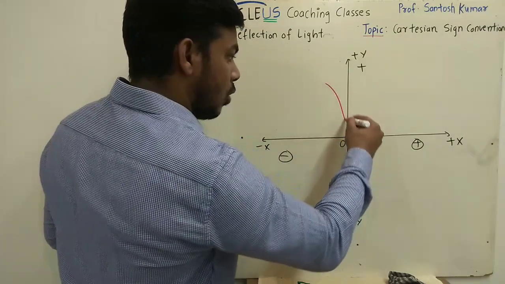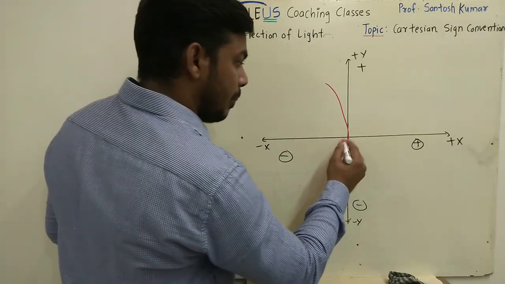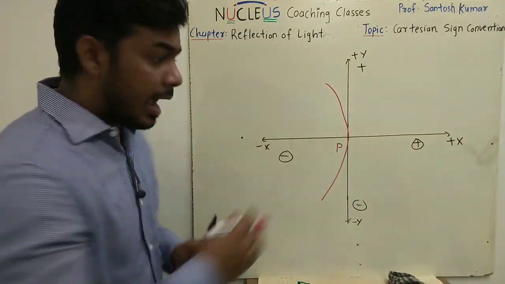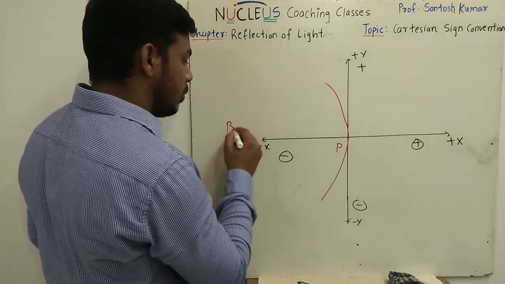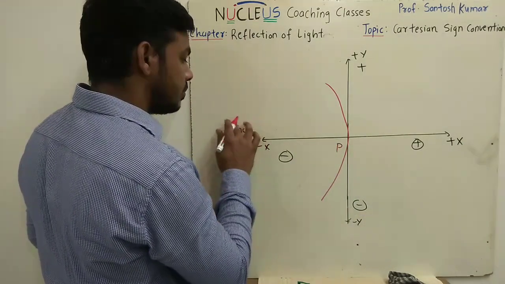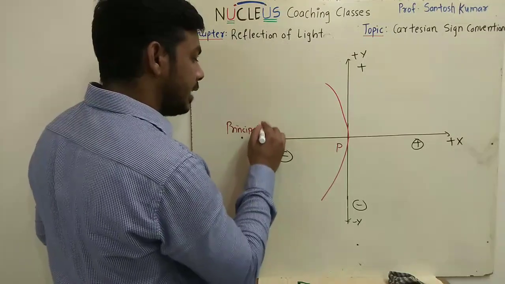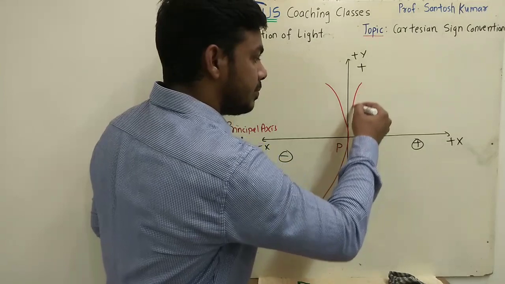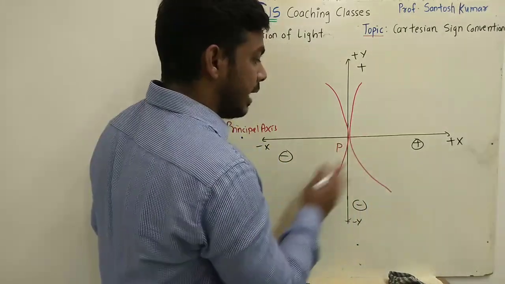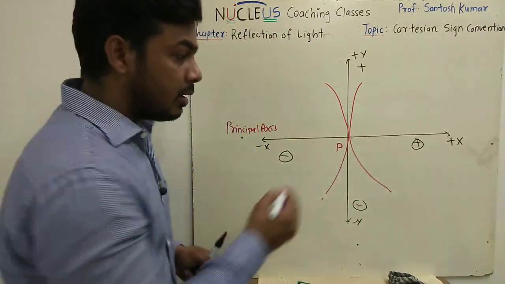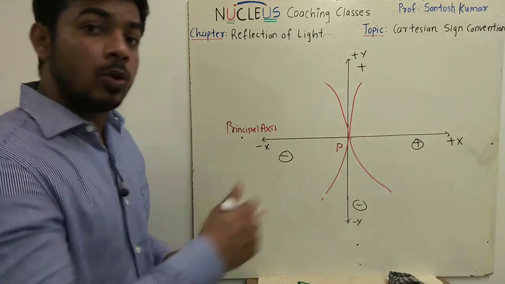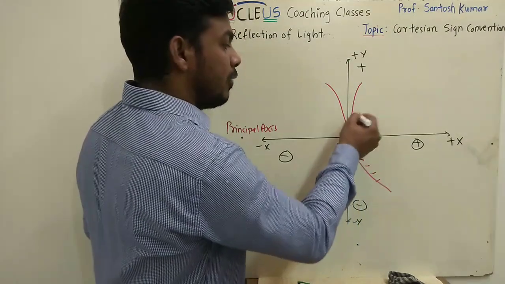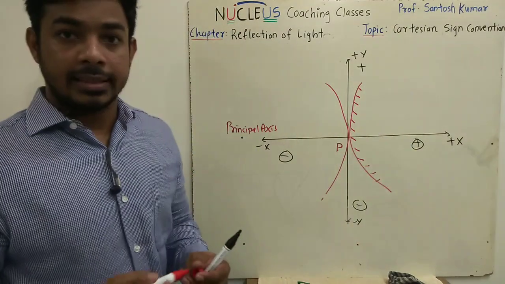I have taken a concave mirror and the pole of the concave mirror coincides with the origin, and the principal axis of this concave mirror lies on the x-axis. Even if I take a convex mirror, you can clearly see that the pole of the convex mirror lies on the origin, that means it coincides with the origin, and the principal axis of this convex mirror lies along the x-axis.